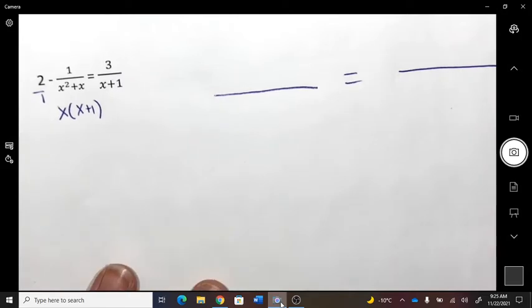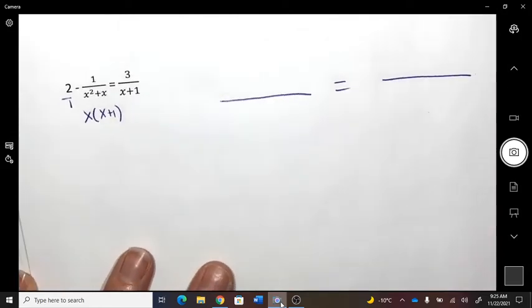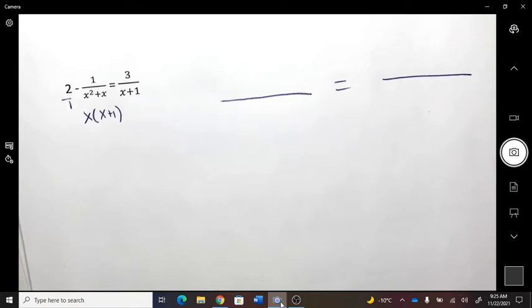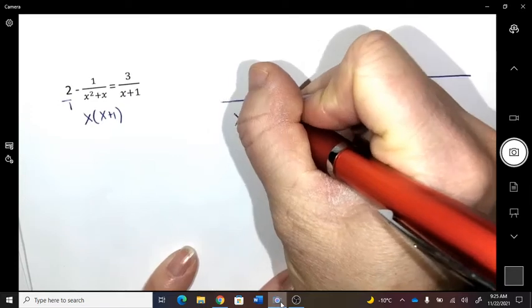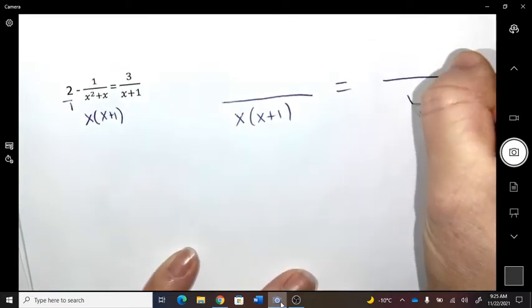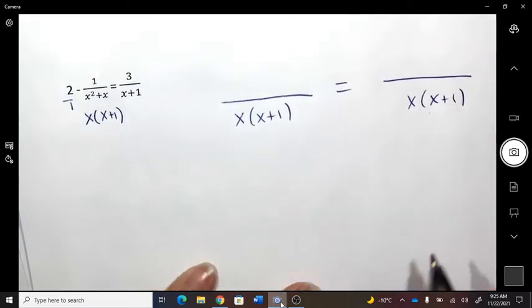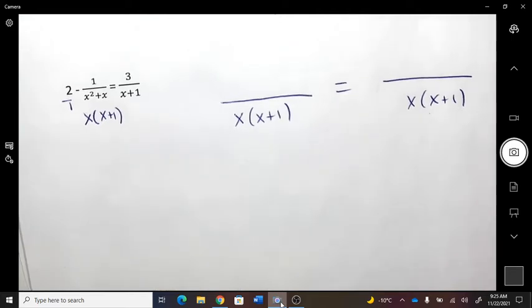Okay, so here's my setup. So what do I all want to put in there? An x and an x plus 1. Okay, and each side has to be the same. Every denominator you see would have to fit in there.